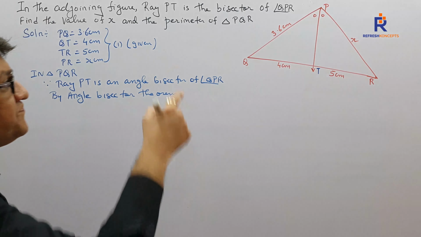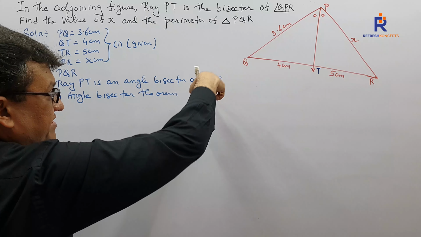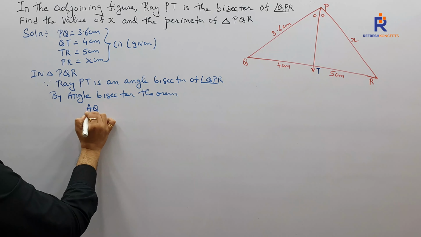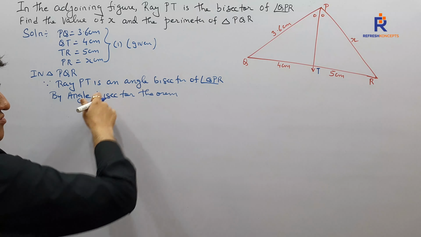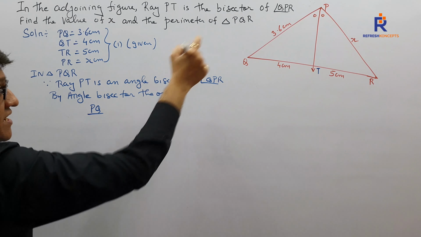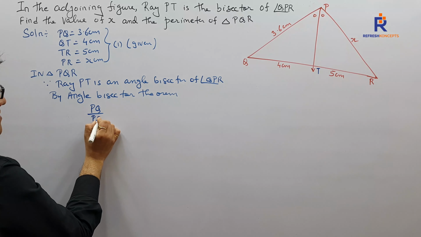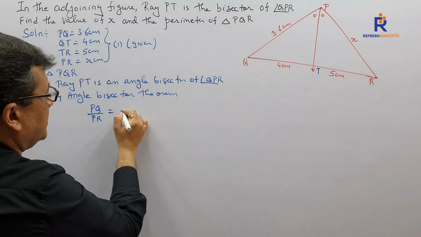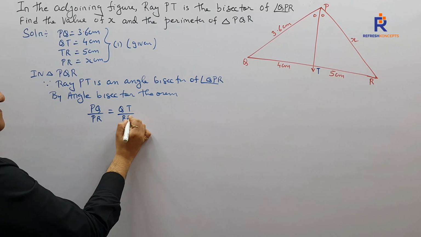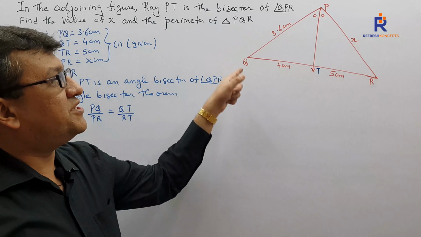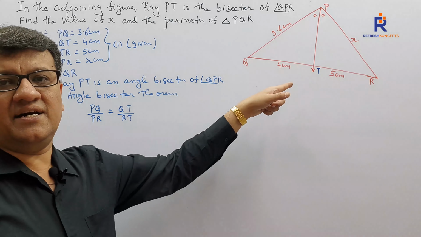That's also correct. What is the application, children? I'm really sorry, it's PQ, not AQ. PQ by PR is equals to QT by RT or TR.